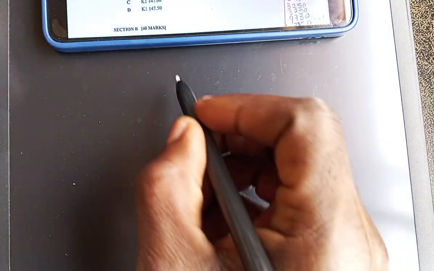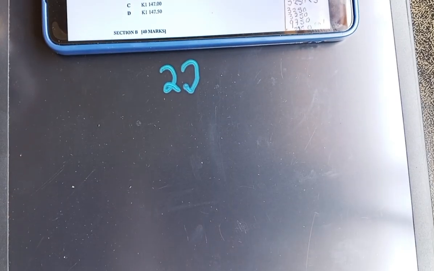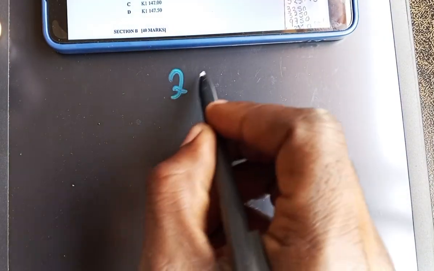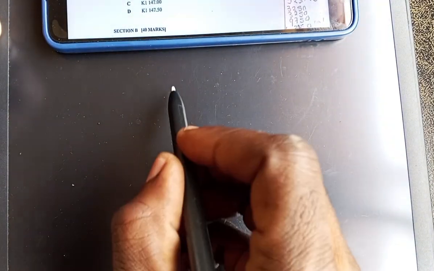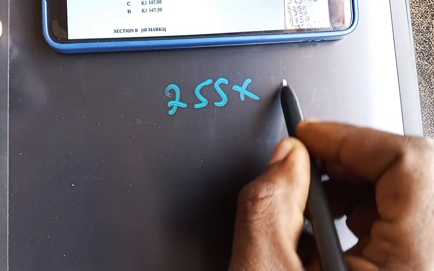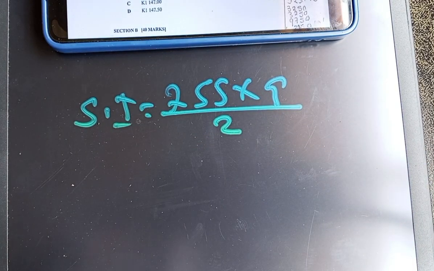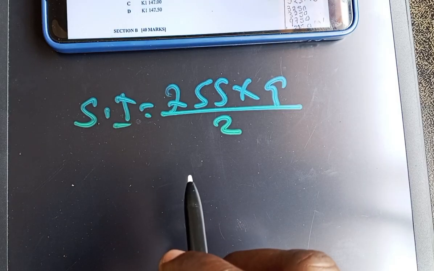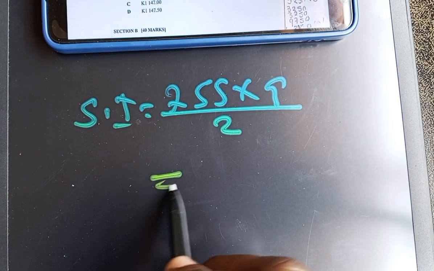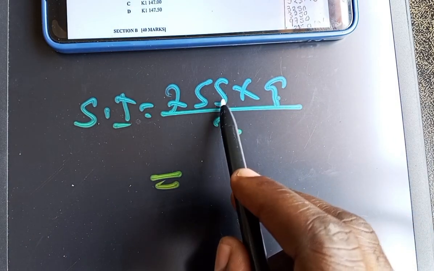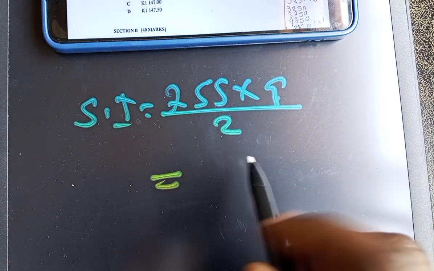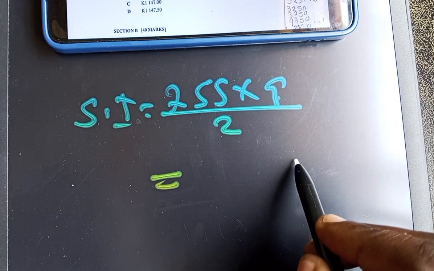So look at this, 255 times 9 over 2. That's our simple interest. Now, without wasting time, we can start by multiplying. 9 times 5 is 45.